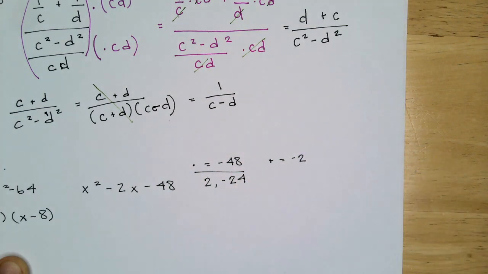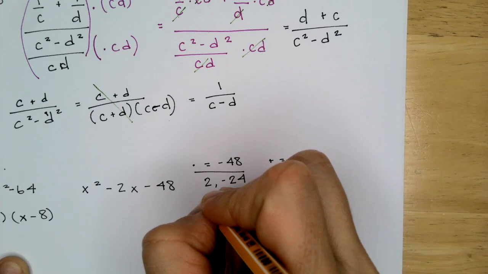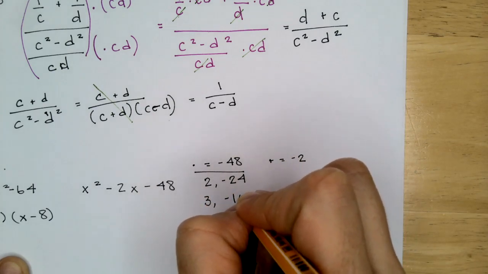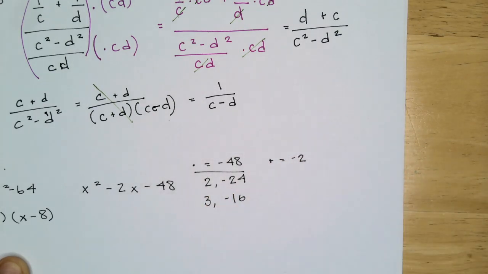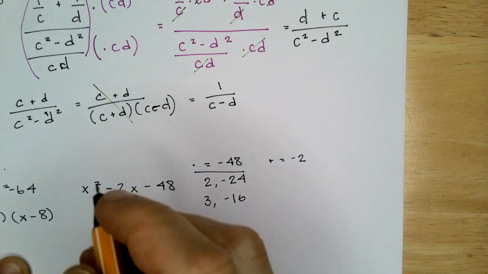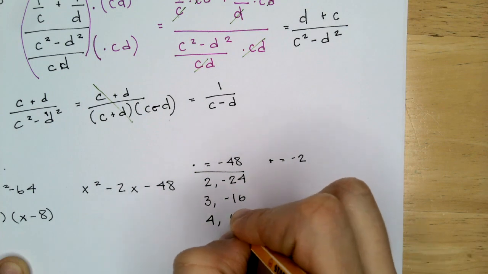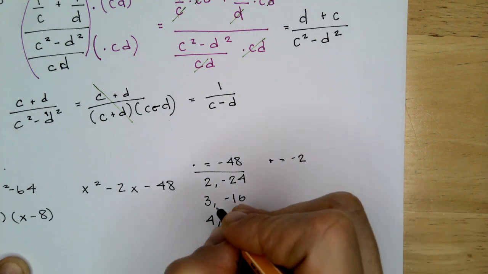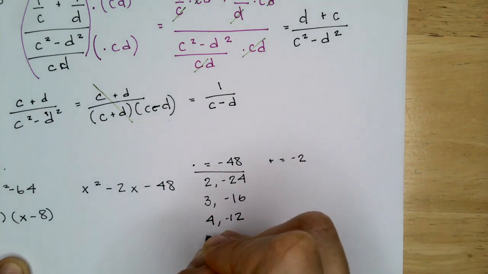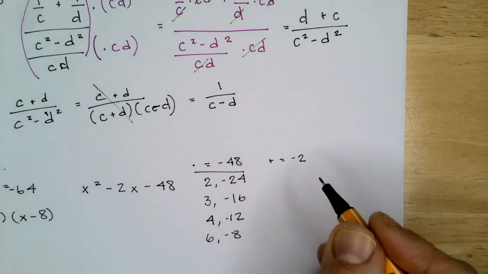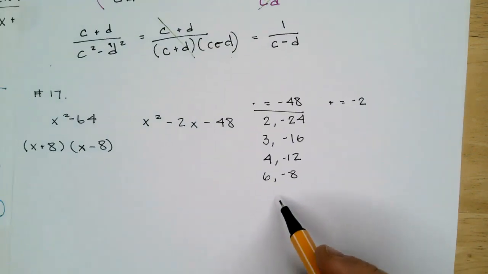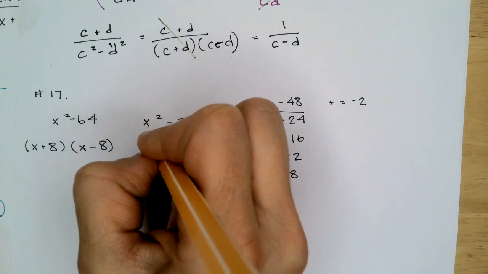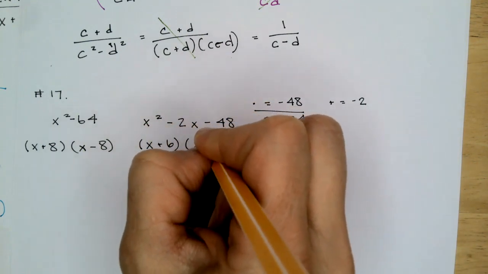We already did this today. 16 and 3. 4 and 12. Ooh, 6 and 8. So that's going to be x plus 6, x minus 8.